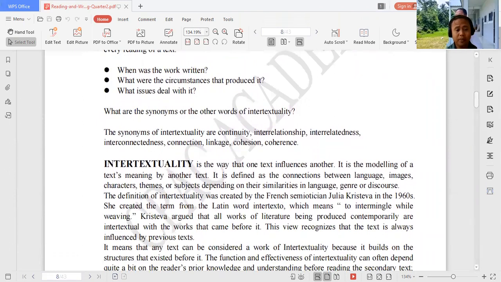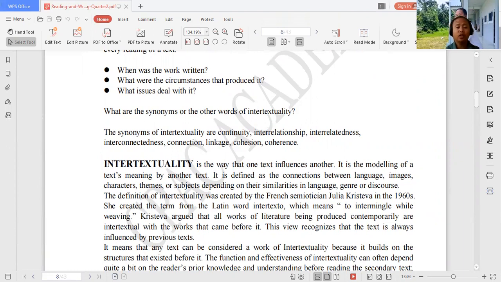It is the modeling of text meaning by another text. It is defined as the connections between language, images, and images rather. So the definition of intertextuality was created by the French semiotician Julia Kristeva in the 1960s. She created the term from the Latin word intertextu, which means to intermingle while weaving.